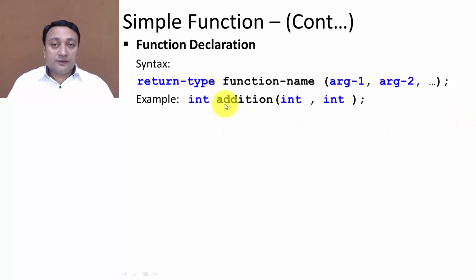Suppose I want to create a function to add two numbers, so I have given the name addition. I want to add two numbers, so those two numbers will be of type integer. After addition it will return the answer of type integer, that's why here the return type is integer. Some functions do not return any value, so we need to write void before the function name as a return type.